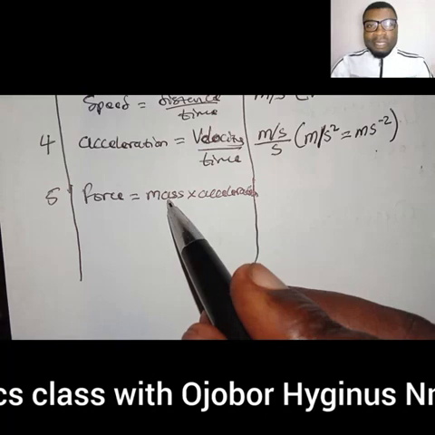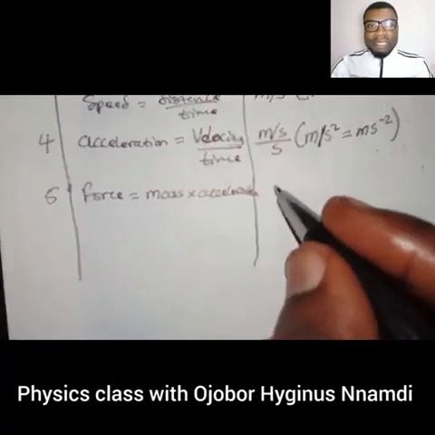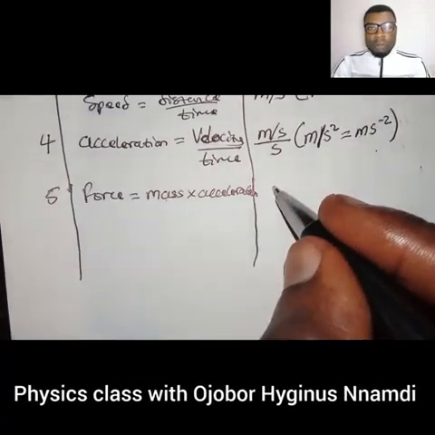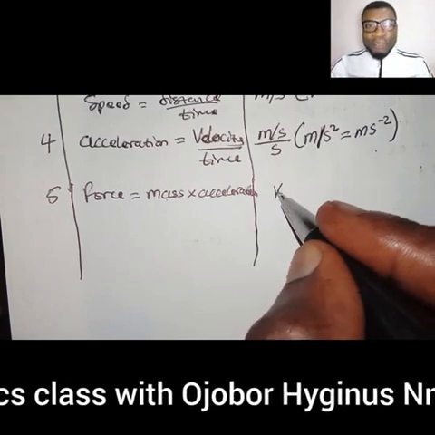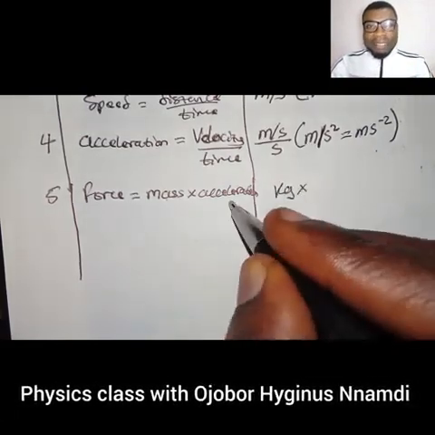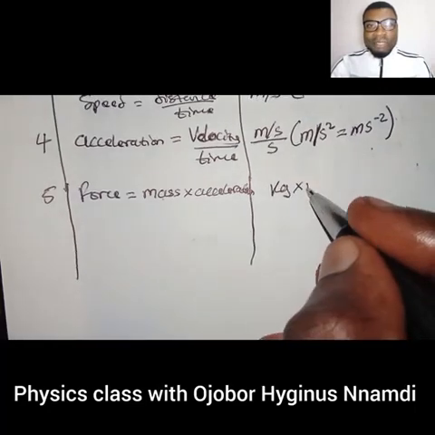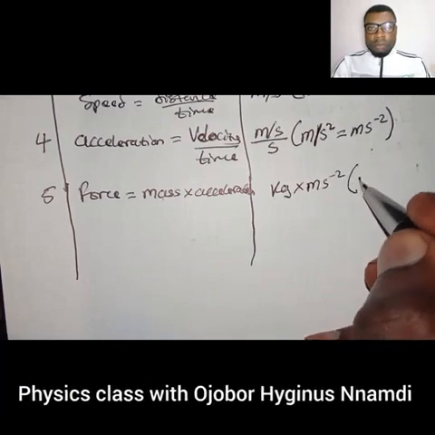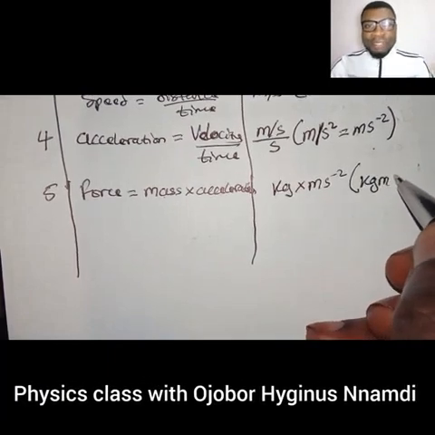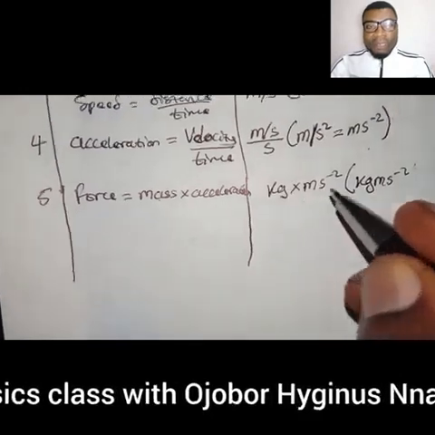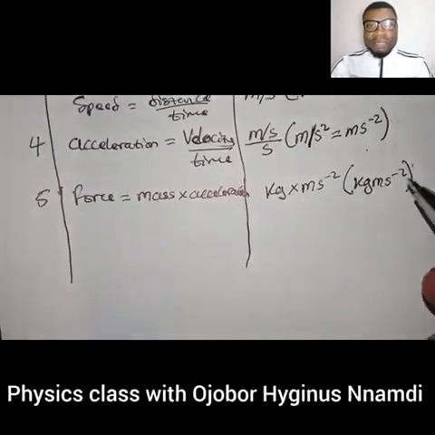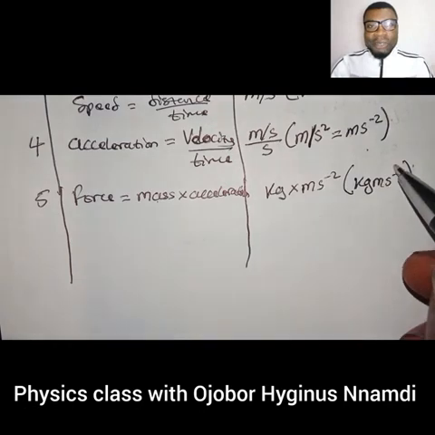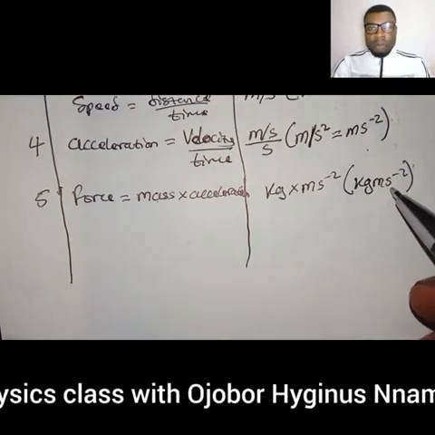Mass times acceleration. Mass is a fundamental quantity, and the unit of mass is kilogram. Then times acceleration, which we have seen is meters per second squared, and that will give us kilogram meters per second squared, because when you multiply these two things, this is what you are going to get. Remember, this can be written as kilogram meter slash second squared, which is the same thing.